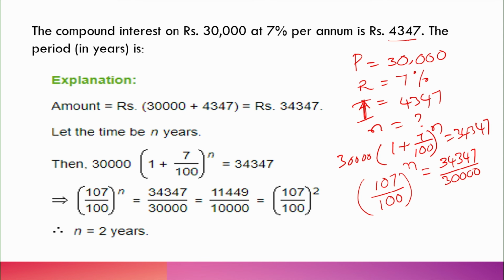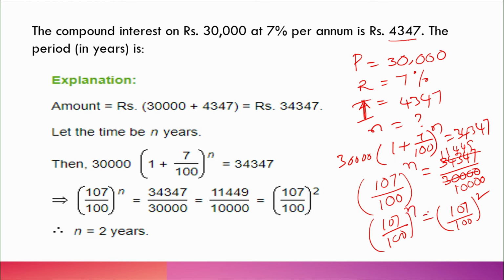Dividing by 3, you get 11,449 by 10,000. Now you can simplify it: 11,449 is 107 squared and 10,000 is 100 squared. So, 107 by 100 whole square is equal to 107 by 100 whole power n.